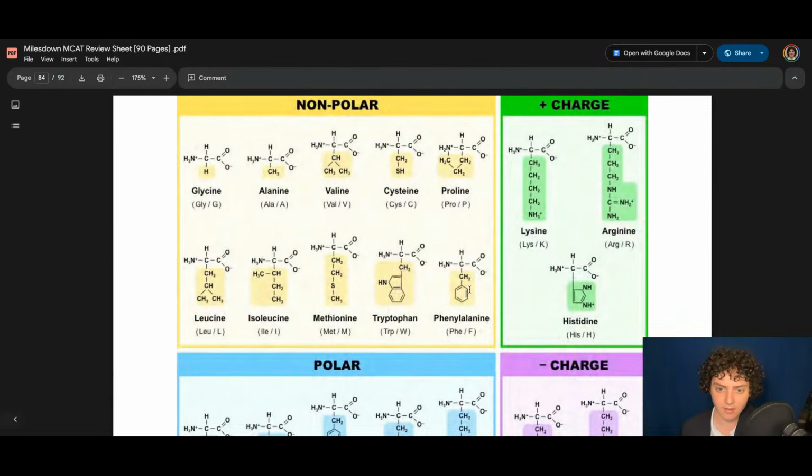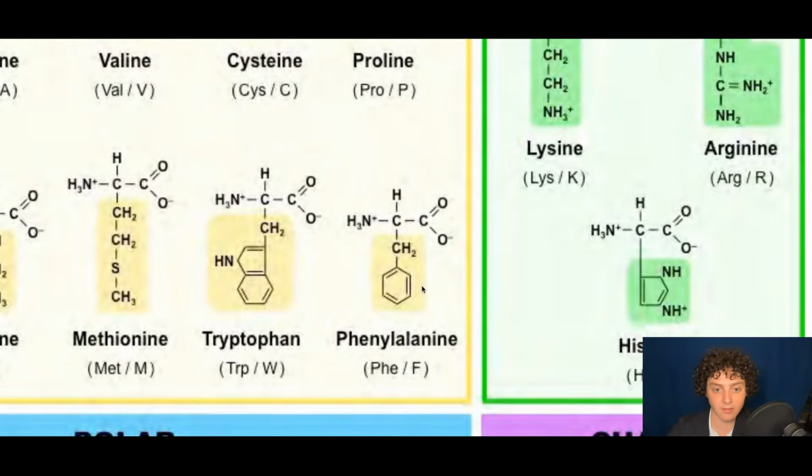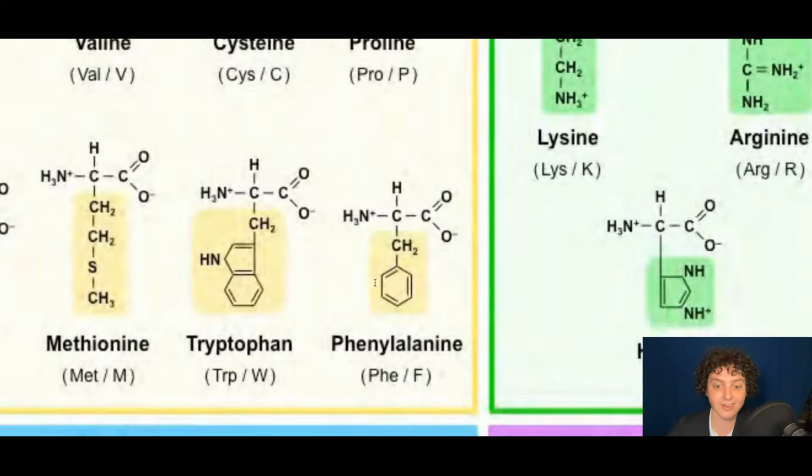Next, I would memorize phenylalanine. Phenylalanine has a CH2 and then a 1, 2, 3, 4, 5, 6 carbon ring that is aromatic. A few names for this same thing are an aromatic ring, a benzene ring, and a conjugated 6 carbon ring.